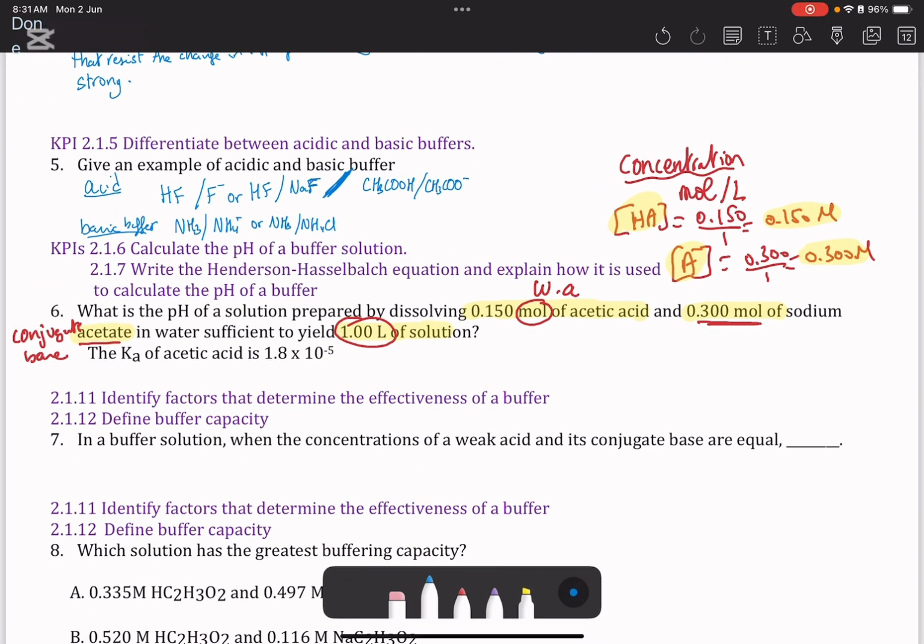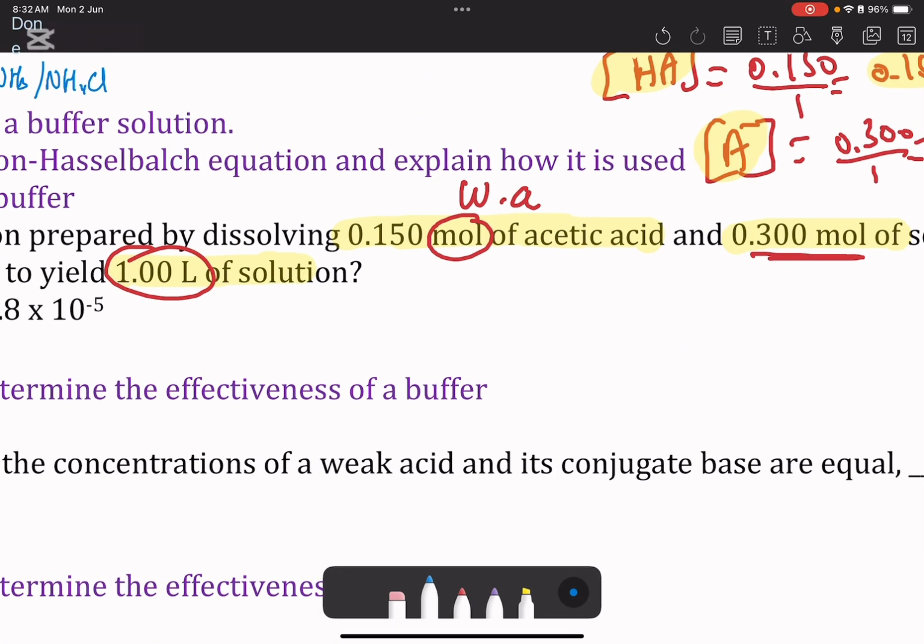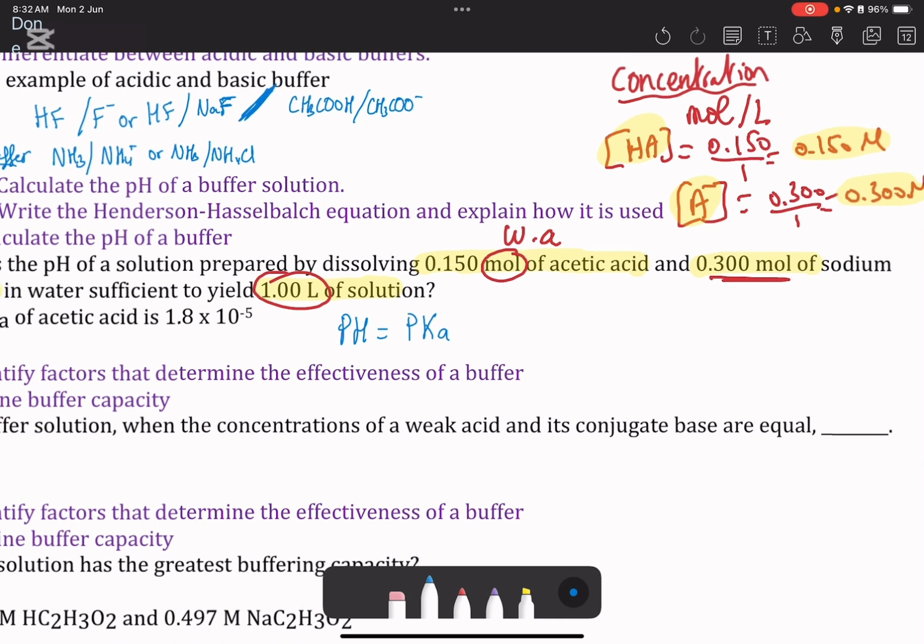So now I've calculated the molarities of the acid and its conjugate base. I need to apply the Henderson-Hasselbalch equation in order to calculate the pH of that buffer. Always use the formulas given in your formula sheet. The Henderson-Hasselbalch equation is pH equals pKa plus log of the conjugate base over the acid itself.